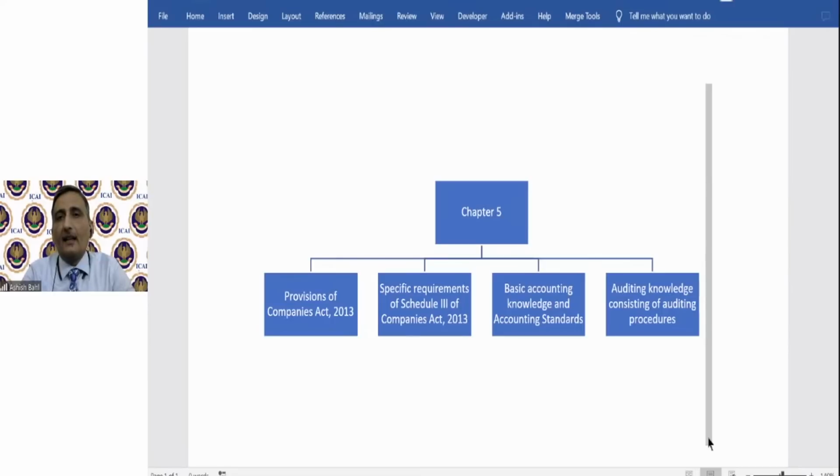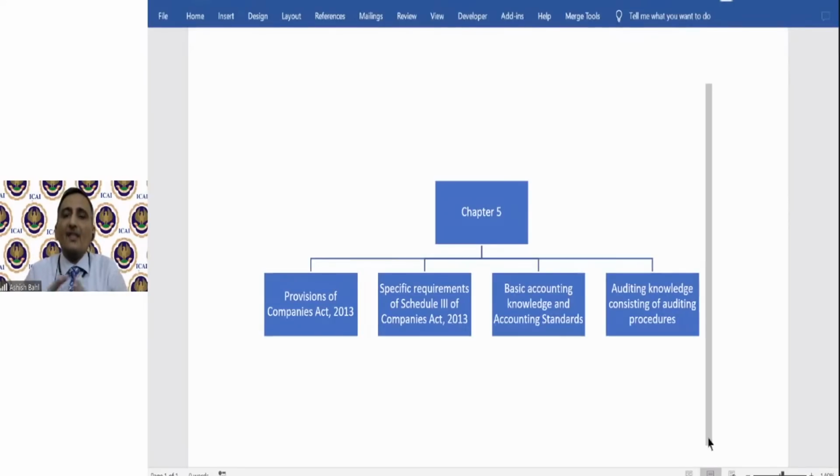And third area is your basic accounting knowledge and accounting standards. And fourth is auditing procedures, your auditing knowledge, how you have to apply audit procedures to different items appearing in financial statements.